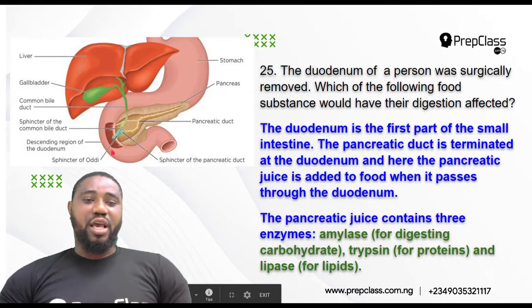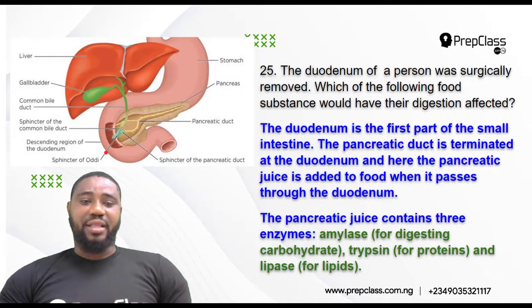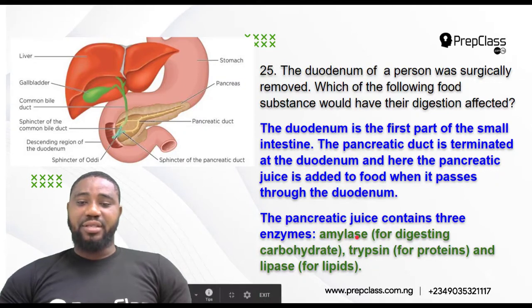So if this duodenum is now surgically removed, then that simply means that the pancreatic juice will not enter, and that simply means that digestion of carbohydrates, protein and lipids will be affected, because the pancreatic juice contains the 3 enzymes: amylase for digesting carbohydrate, trypsin for digesting protein, and lipase for digesting lipids.